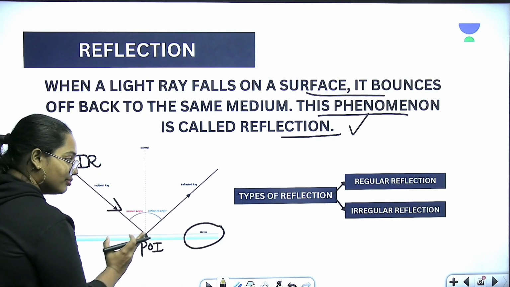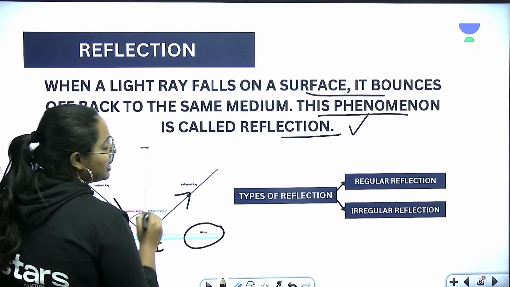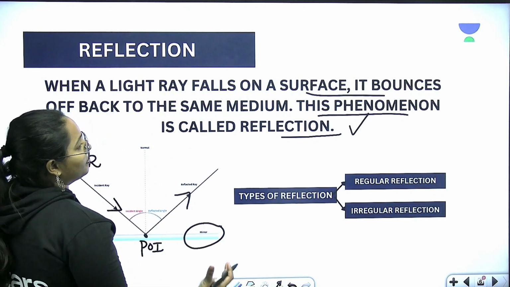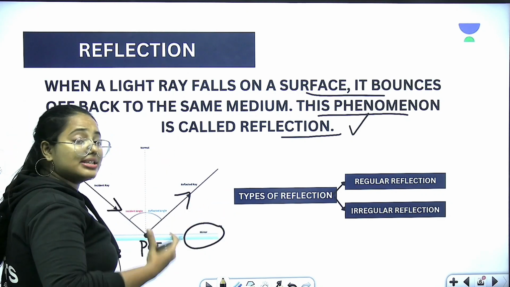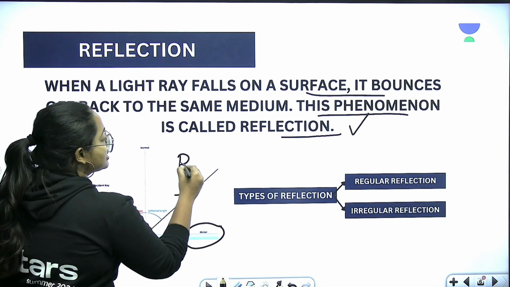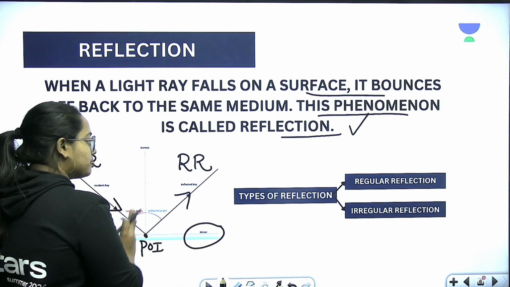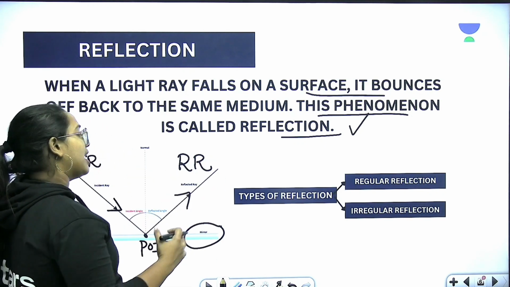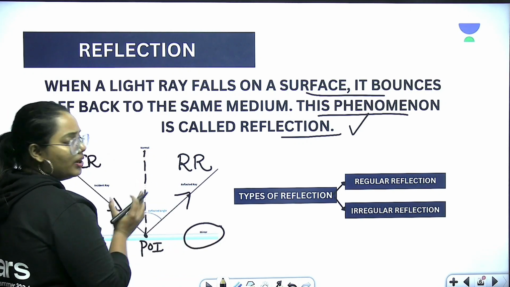Then what happens to the ray? Yes, it bounces off to the medium. Which medium? The same medium. The ray which bounces off back to the same medium is called the reflected ray. There is a dotted line which is perpendicular to the surface.